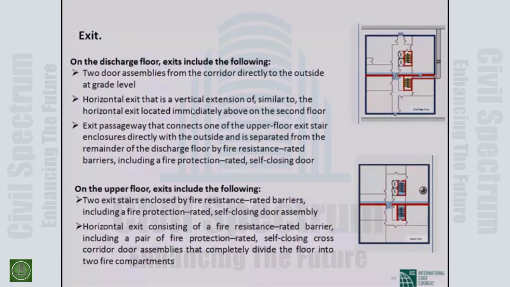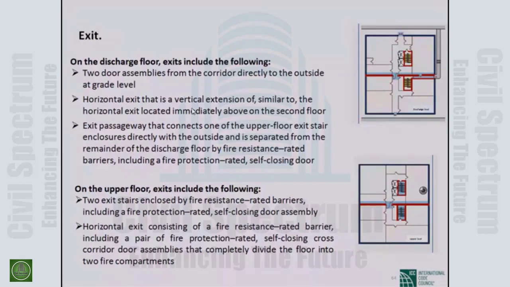That is the exit of the upper floor and discharge floor, and in the lower picture you can see the blue line. Upper floor exit includes the following: 2 exit stairs enclosed by fire resistance rated barrier, including fire protection rated self-closing door assembly.